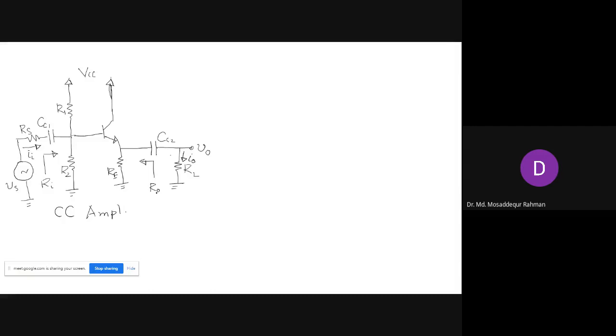So like before, we assign these currents, input and output currents, then input and output resistances. And then the circuit parameters we need to determine are the voltage gain, the current gain, and the input and the output resistances.